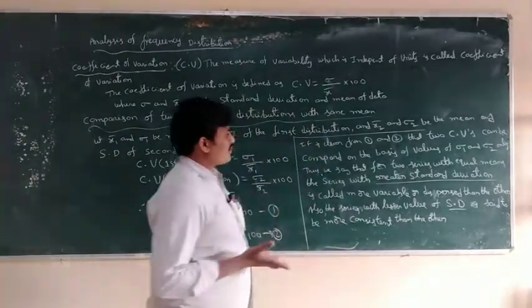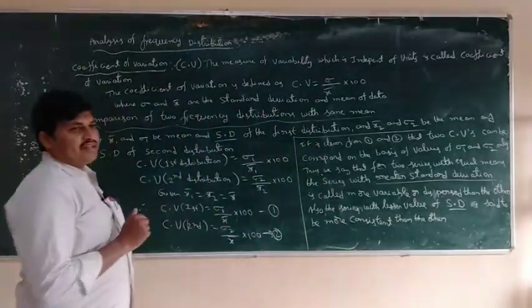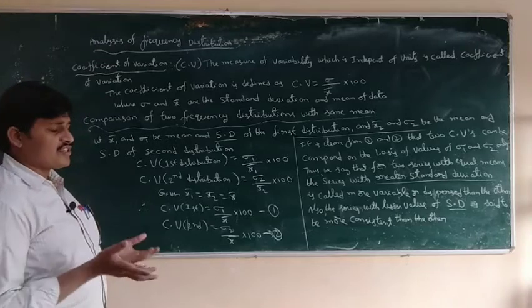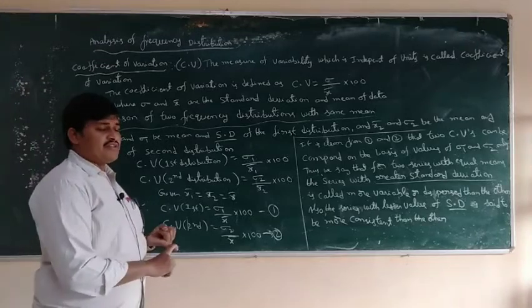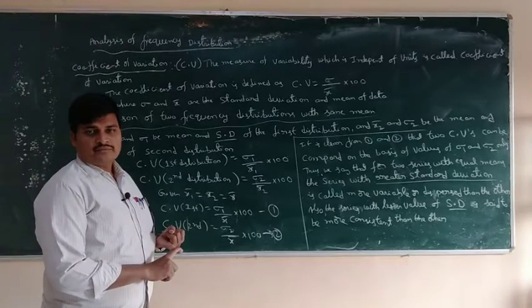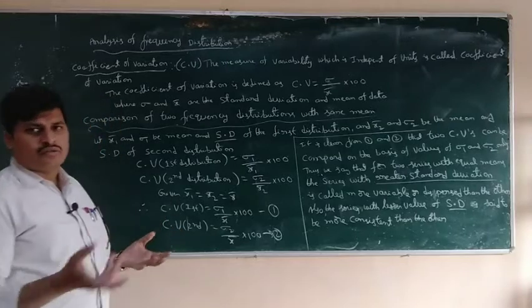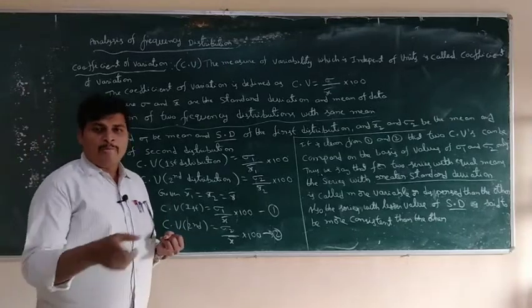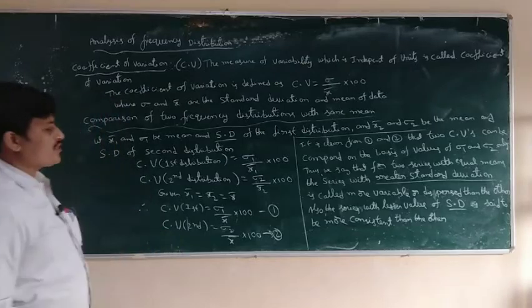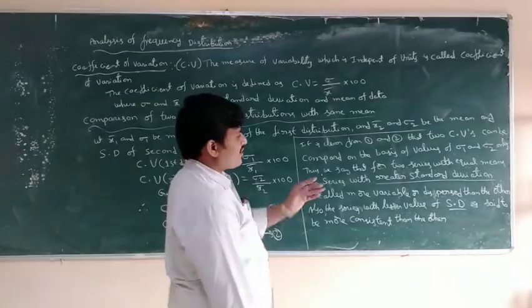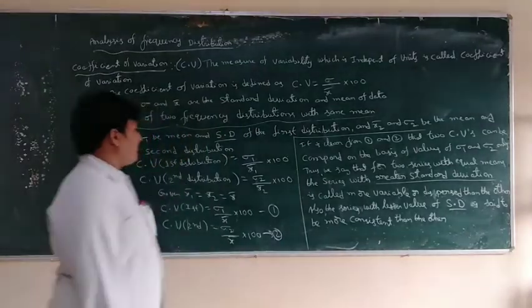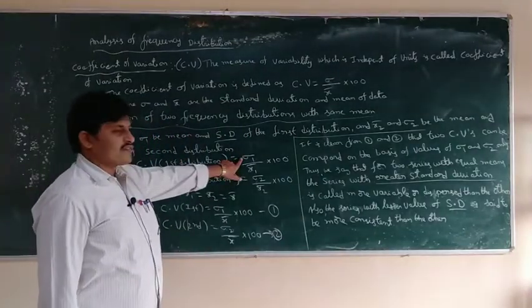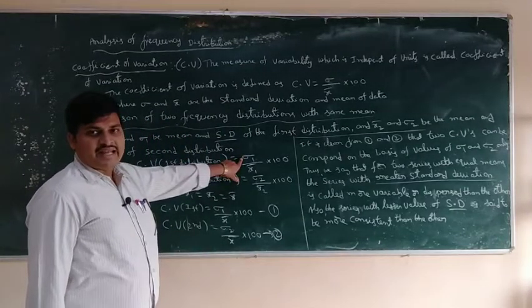Let's see. First, the data is given as a frequency distribution. This is also a discrete frequency distribution. There are only two types: discrete frequency distribution and continuous frequency distribution. First we have to find the coefficient of variation, and for that the standard deviation.